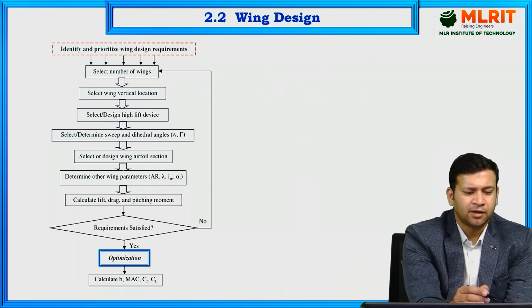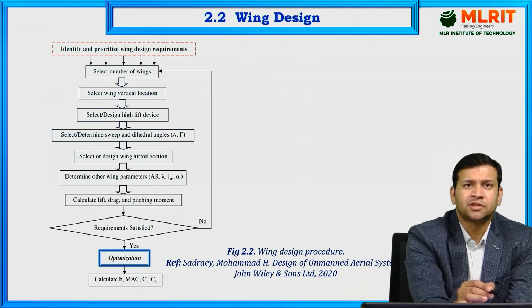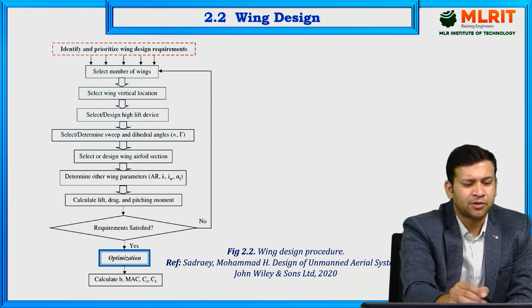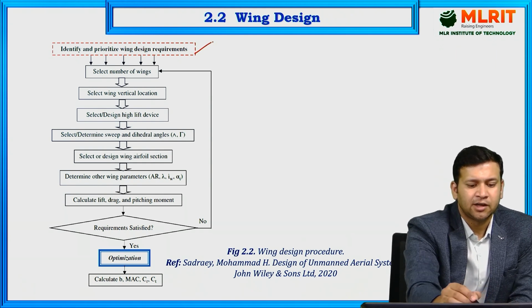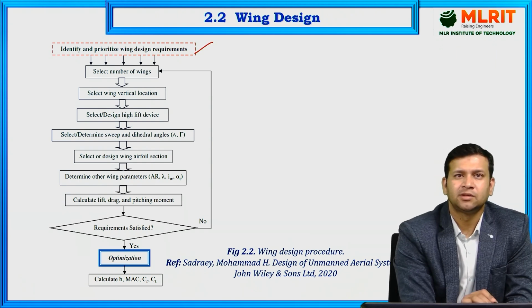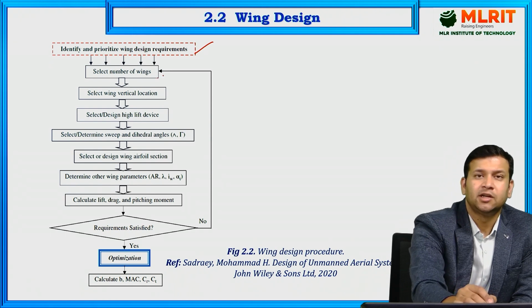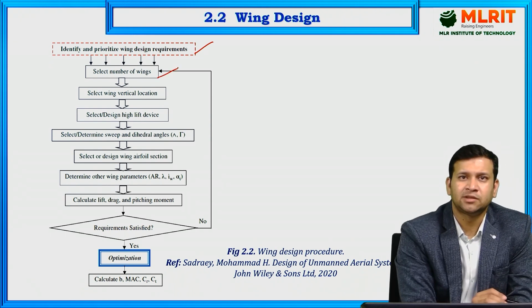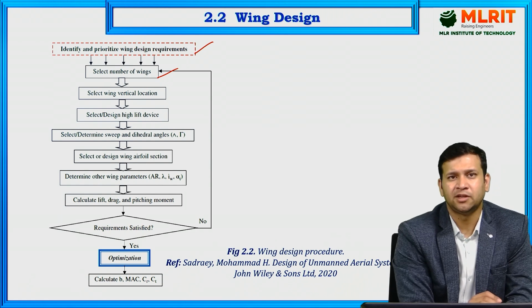This is the wing design procedure. First, we should identify and prioritize the wing design requirements. Then we should select the number of wings as per the requirements of the design.